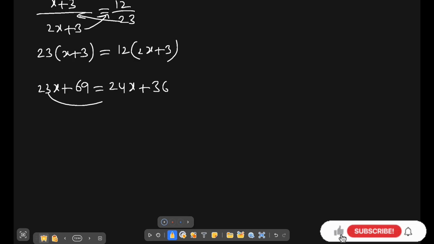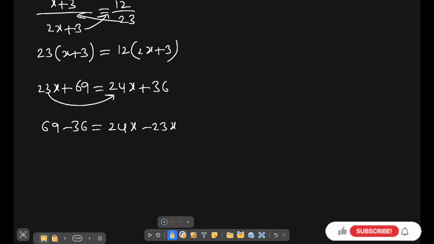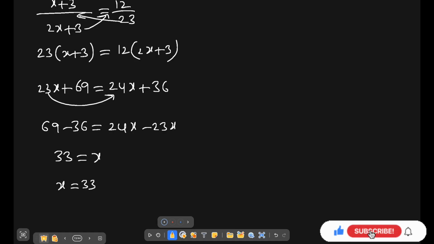So send 23x to the right side, bring 36 to the left side. 69 minus 36 equals 24x minus 23x. 69 minus 36 is equal to 33. So 33 is equal to 24x minus 23x, which is 1x. So x is equal to 33. So the number of black balls is 33.